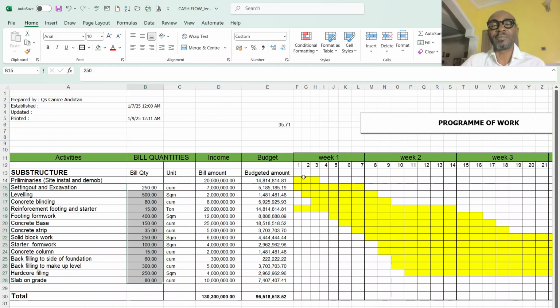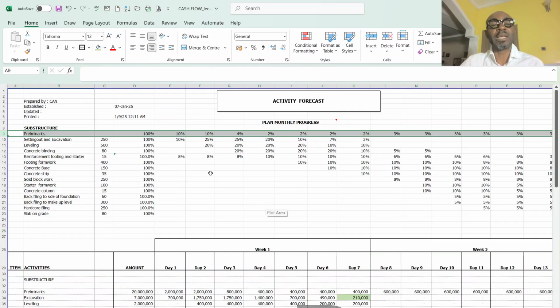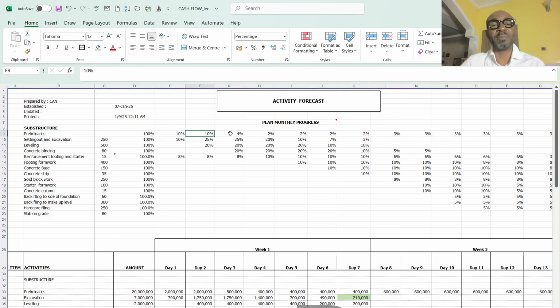So in my focus, I said there's a 10%, 10%, 4%, then all through I spread in the 2%. You know, the indirect staff anticipated to work on that site are not all employed on day one.